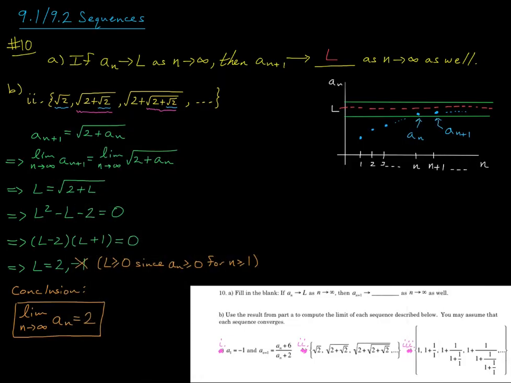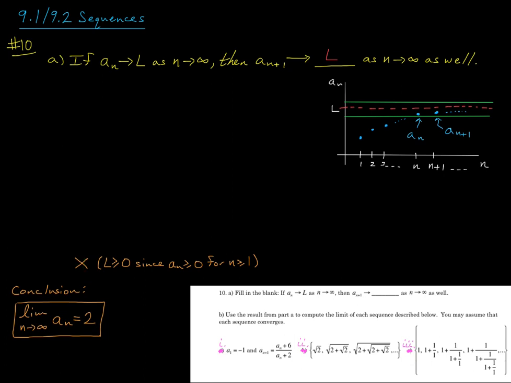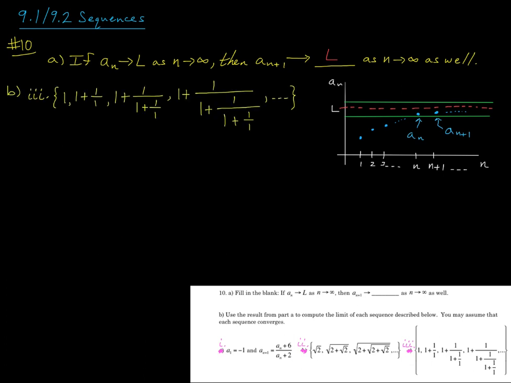Last one here, so make a little space. All right, so we've got the sequence 1, then 1 plus 1 over 1, then 1 plus 1 over 1 plus 1 over 1, okay, so on and so forth. Okay, so just like the last example, look for a recurrence relation.